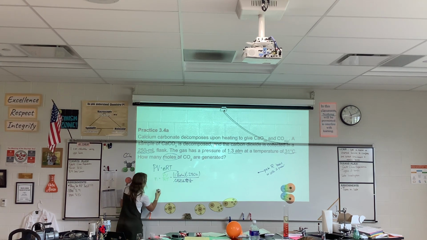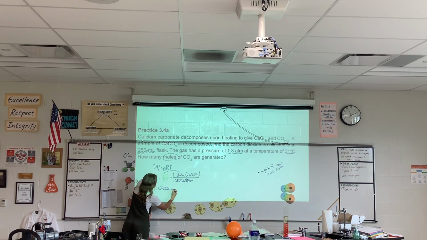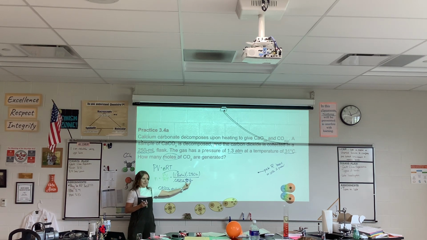The formula sheet wrote it as mole -1 and Kelvin -1. This is the same as that, because a negative exponent goes on the bottom of the fraction. Everyone good there?